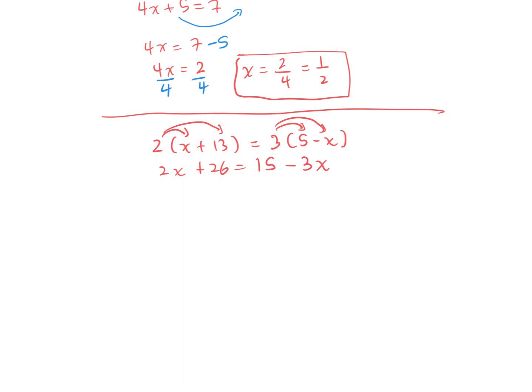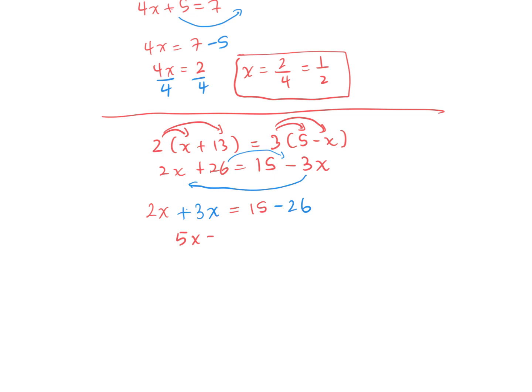Then we want the variables on one side, the numbers on the other. So I'm going to put this to the left, which means I'm going to put that one to the right. So 2x, we're going to bring over the minus 3x, so it becomes plus 3x. We have a 15 on the right. The positive 26 is going to come over, so now it's minus 26. So remember the sign changes.